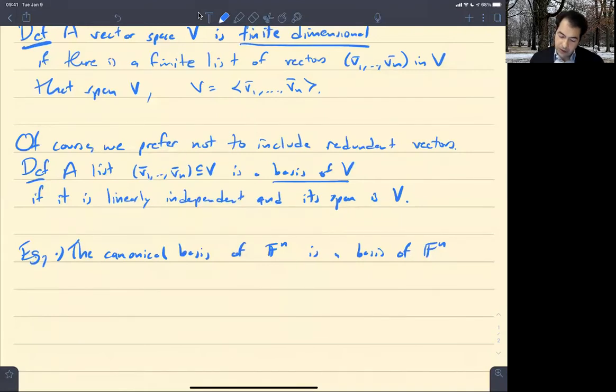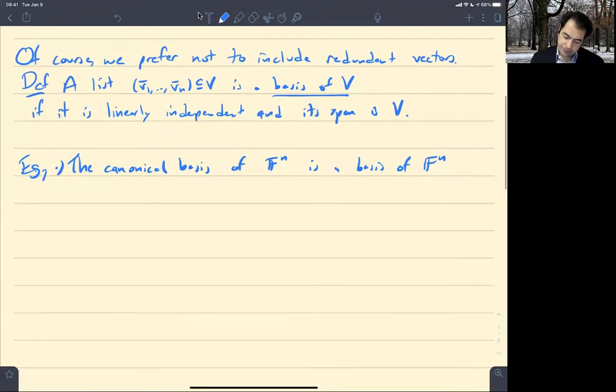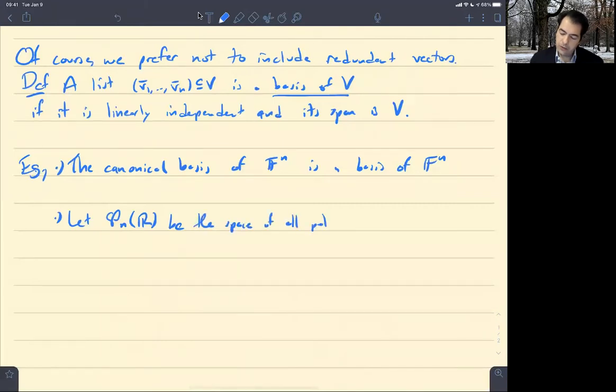Okay, here's another example. Let's let curly P n of R be the space of all polynomials of degree less than or equal to n and real coefficients.